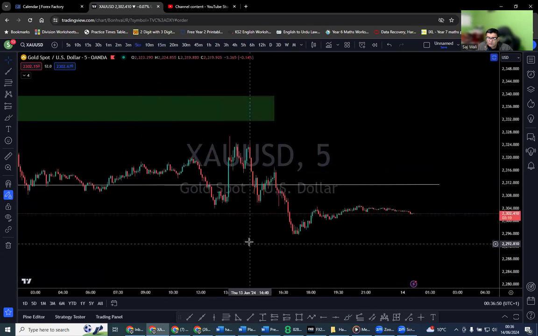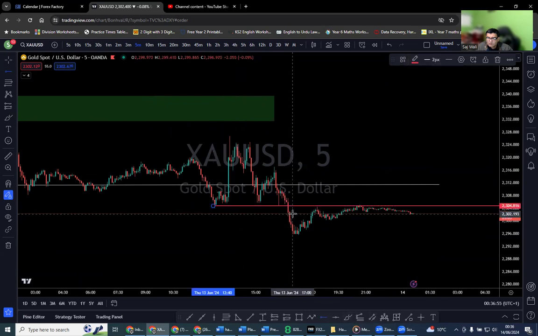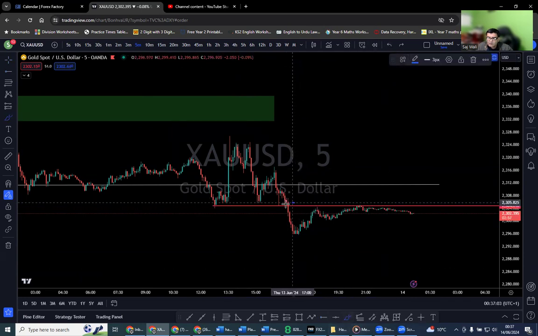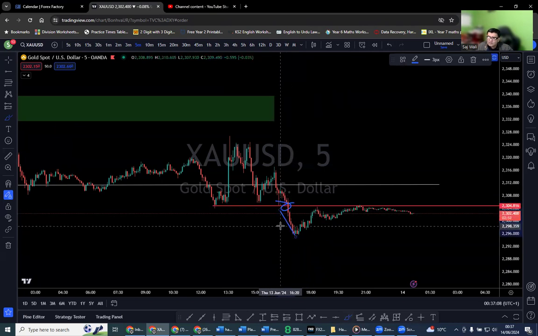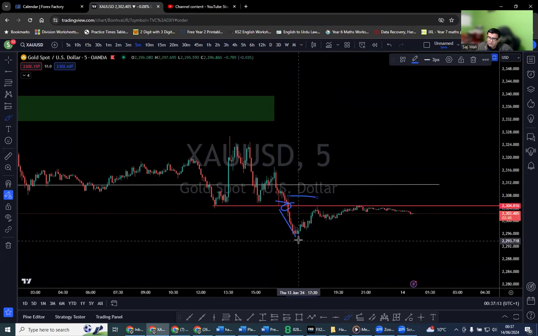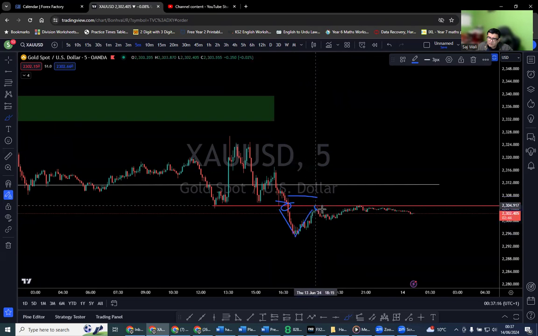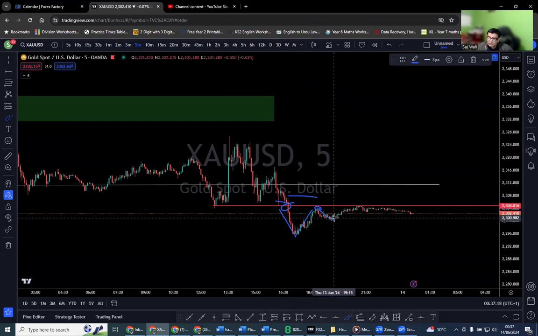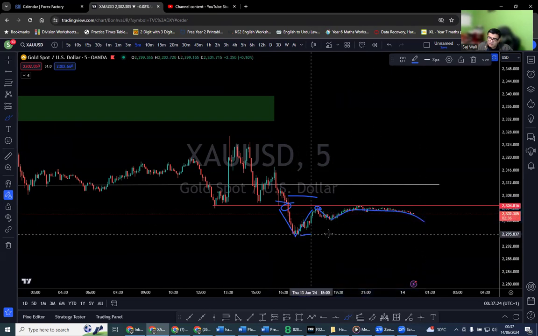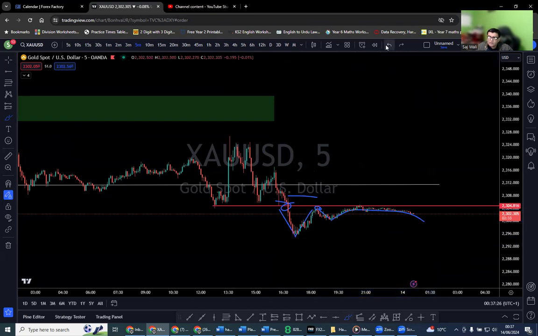See, this level is broken. So we had a sell trade here. It's an aggressive sell because the level was broken and we could have a stop loss somewhere here. But then the market retraced back, sell here, and now we have the market moving to the downside, hopefully up to this level.